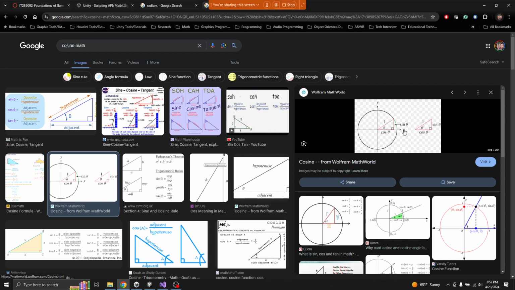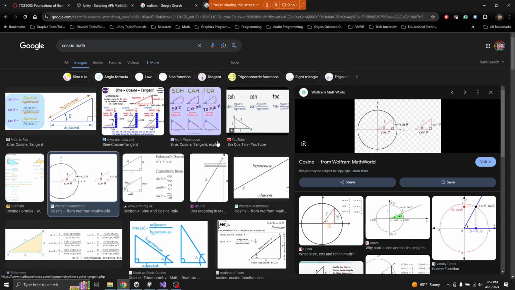And just to know that X always goes between negative 1 and 1. So here's negative 1, this is 0, that's 1. And Y always goes negative 1, 0 to 1. So they're always fluctuating, always moving back and forth. That's why we deal with these waves.